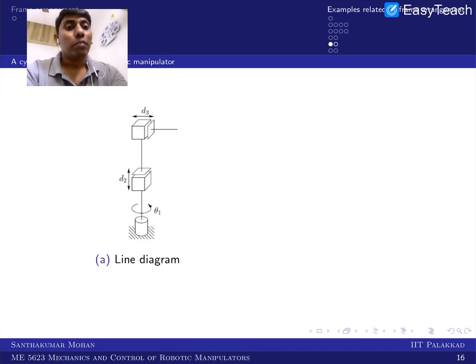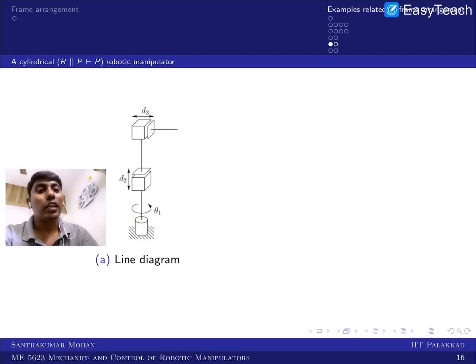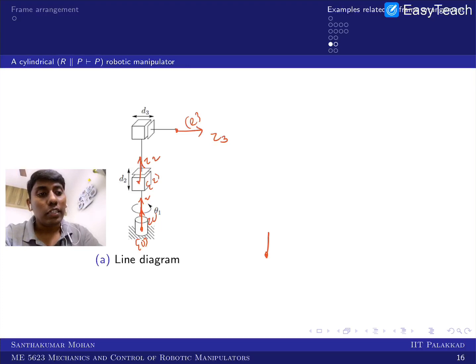Okay, so similarly we can go to the cylindrical robot. You can see here, this is your 0th frame, and this is the end frame, and you can fix Z0, and Z1 parallel, and you can see this is the moving point that I can fix. So that is Z2, and this is your Z3. Okay, so you can see Z0 and Z1.